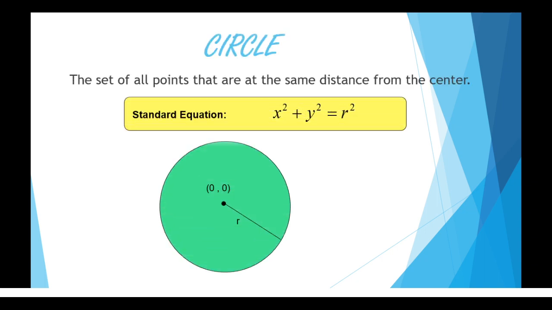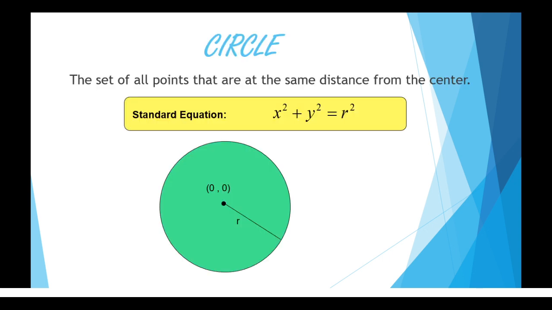Now the entire theory is very vast. As I have given you the heading, it was just an introduction. So I'll just brief you on what all things are there in this particular chapter. The first to come up is circle. The definition of circle, as you know, is the set of all points that are at the same distance from the center.